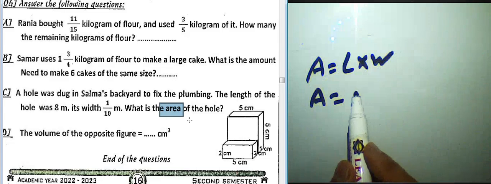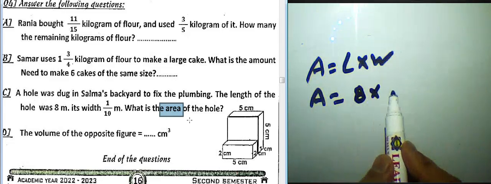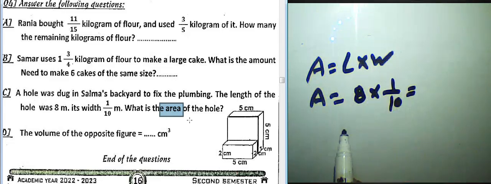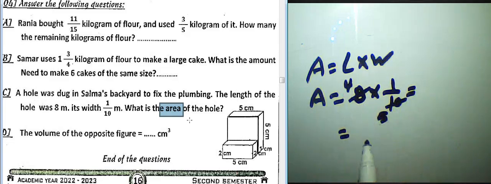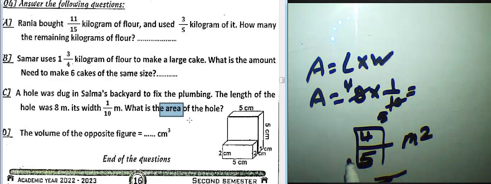Length here 8 meters, multiplied by width 1 over 10 meters. You can simplify: divide by 2, 8 becomes 4, and 10 divided by 2 equals 5. The result will be 4 times 1 equals 4, and write 5 in the denominator. The result will be 4 over 5 square meter. It's the result for this example.